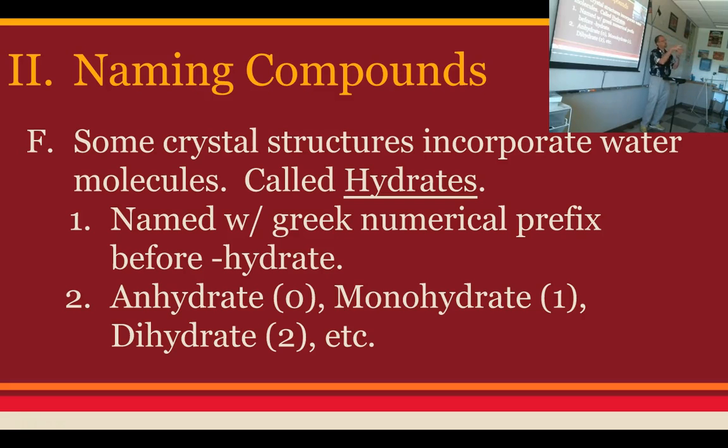There are water molecules wrapped around that, and so we call it a hydrate. We're telling people it's not just that thing, it's that thing, and it comes with water. Well, how many water molecules are there that travel with the one thing that we've already named?